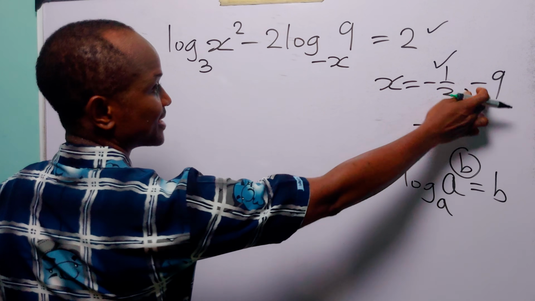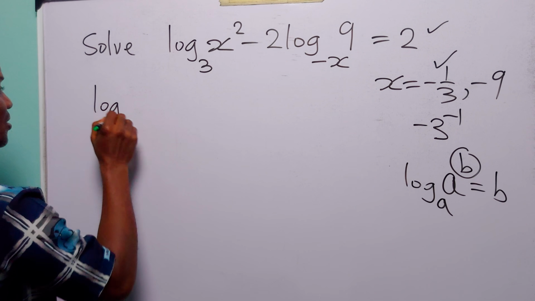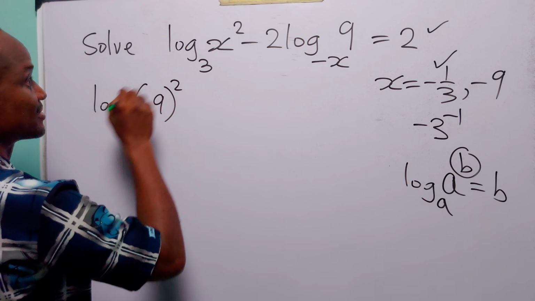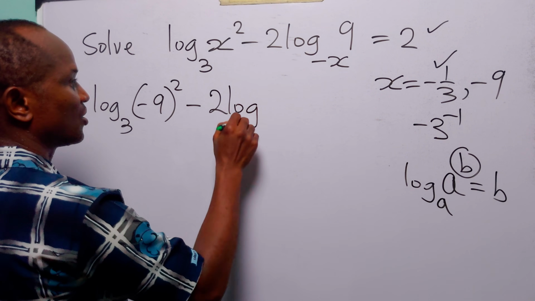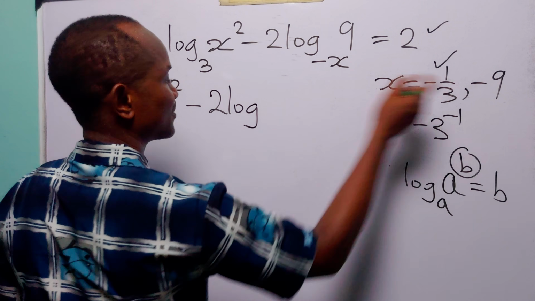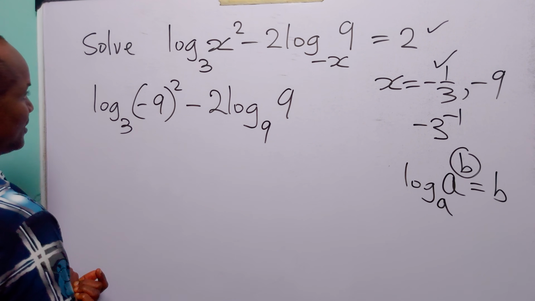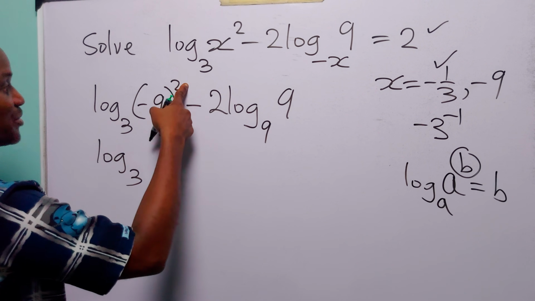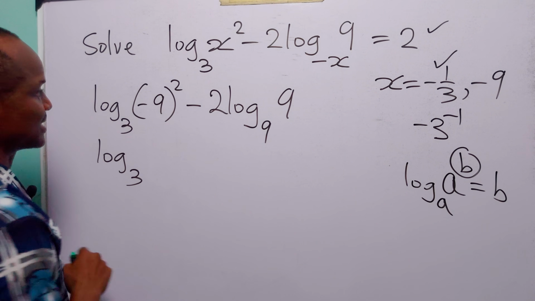And when x is equal to minus 9, the left-hand side becomes log₃ of (minus 9) squared minus 2 times log₃ of minus (minus 9), which of course is equal to 9, of 9. Now here we have log₃ of, because of the square, this minus is going to disappear.